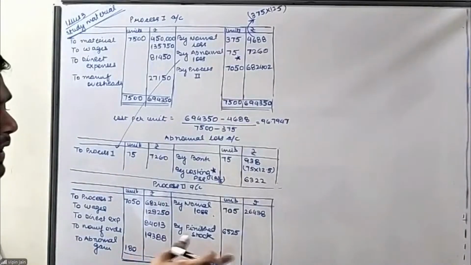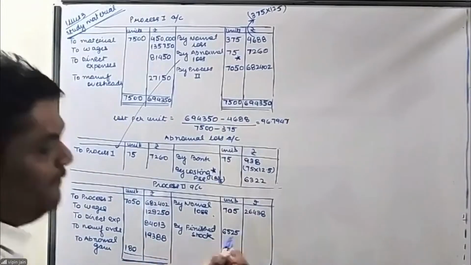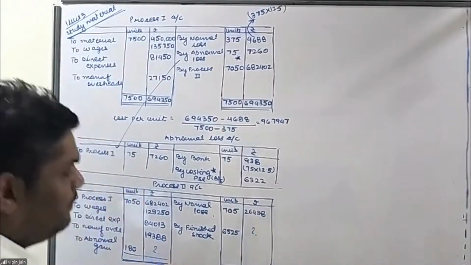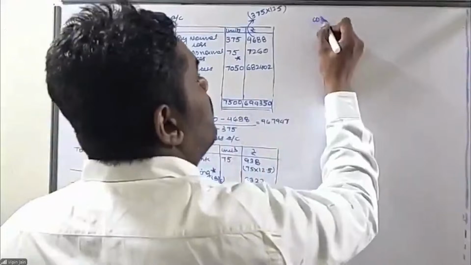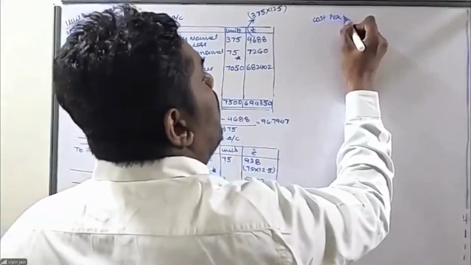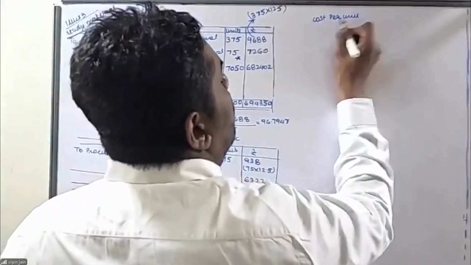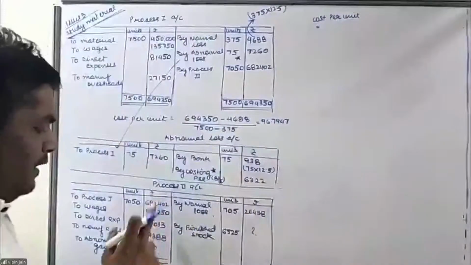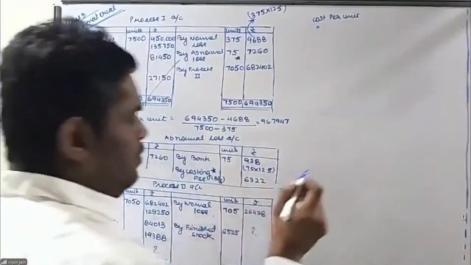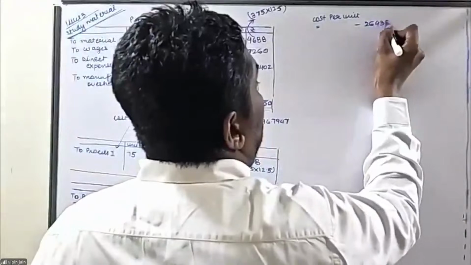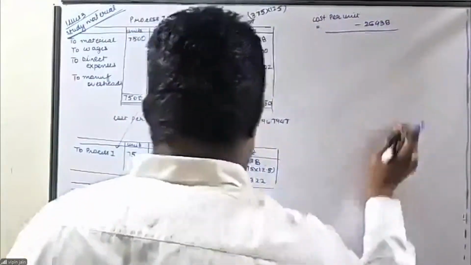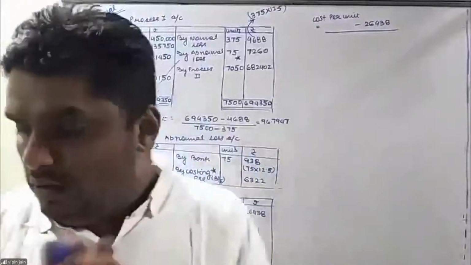Now again, we have to calculate the value of good units and we have to calculate these two values. So again, the calculation of value will be the same. The total cost minus scrap value. Let's calculate the total cost.